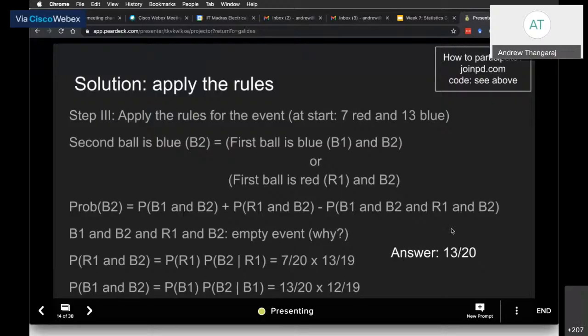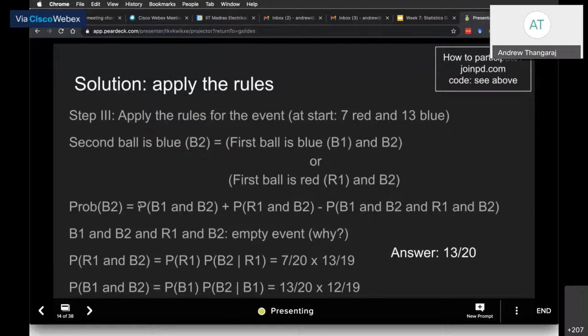It seems very simple, but as you see more and more complex events, so many experts, including your instructors and faculty, will forget this minus term. I've seen so many experts forget this minus term, and when you forget it, you will go wrong. In this case, it's okay. The minus term is 0. It's an empty event, so that goes away.